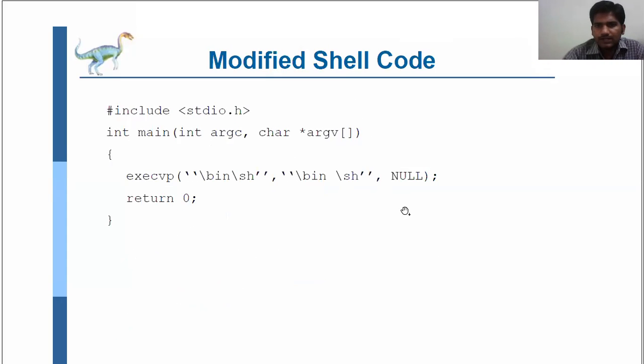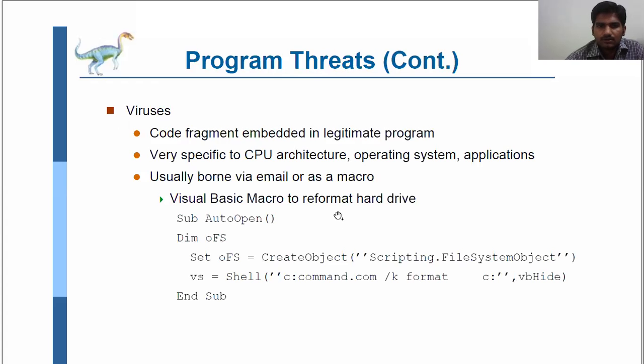Now, modified shell code: how we can modify the shell code. Then program types, viruses. A virus is a code fragment embedded in a legitimate program, very specific to CPU architecture, operating system, and applications.